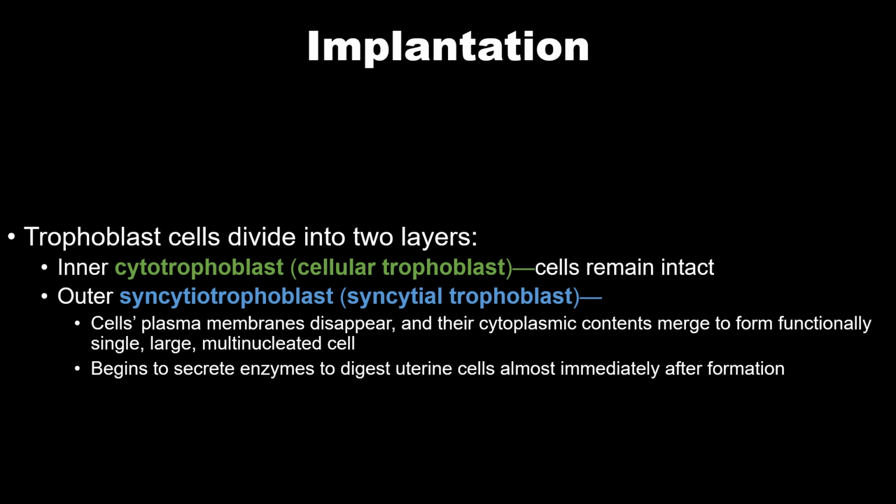This really functionally makes the syncytiotrophoblast a large, single, multinucleated cell. Almost immediately after the syncytiotrophoblast is formed, it begins to secrete enzymes that digest the uterine cells. Interestingly, this is non-antigenic, which means that it does not trigger an immune reaction from the maternal tissue that it invades.